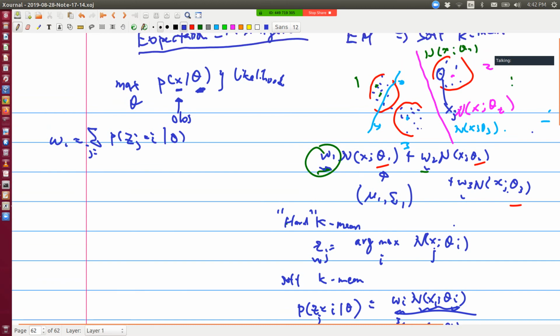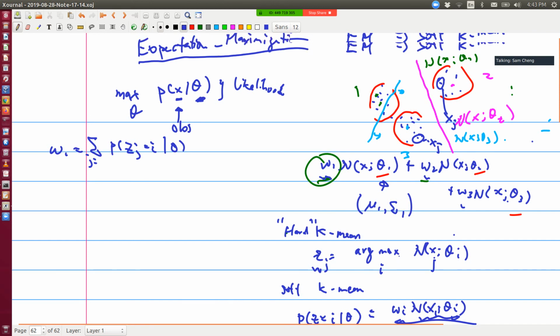For example, if I have another point here, I use this called xj again. This point is xj now, and cj is the membership of this guy. For hard K-means, the membership will be exactly equal to one number. So it can only be 3 or 1. In this case, it will be just equal to 3 here.